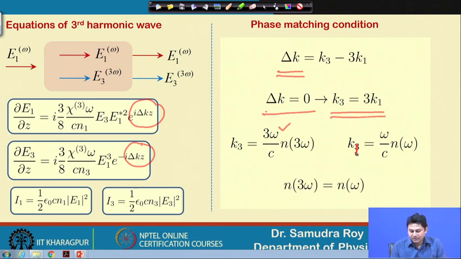Omega is the frequency of the fundamental wave whose corresponding wave vector is K1, and n of omega is the refractive index at the frequency omega.